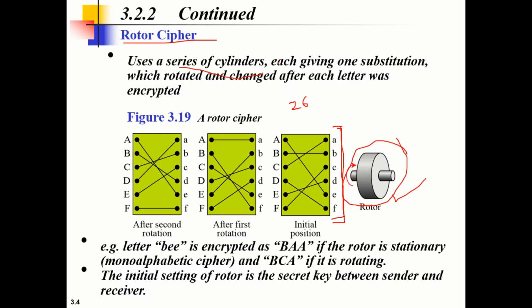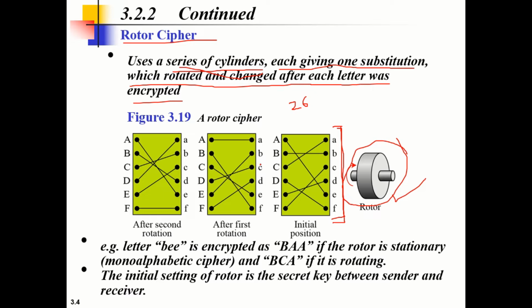So what happens is it uses a series of cylinders, each giving one substitution, which is rotated and changed after each letter is encrypted. So as soon as we encrypt one letter of the plain text, a rotation is done inside the cylinder, and the next letter will be encrypted via the cylinder we get after rotation.